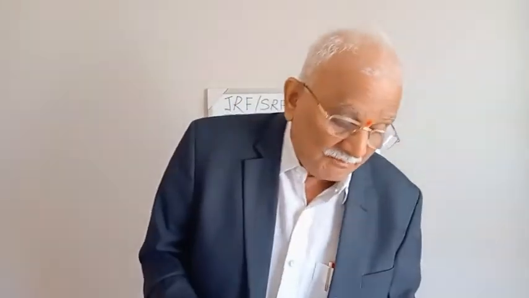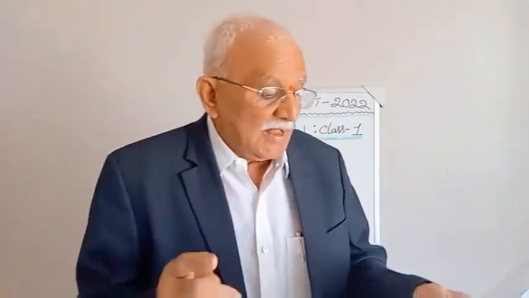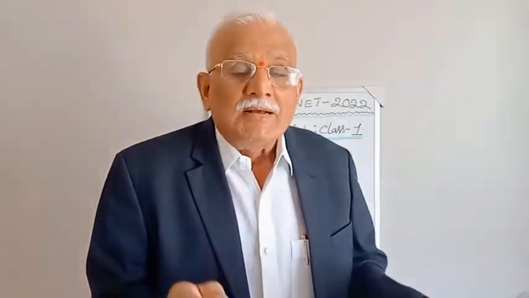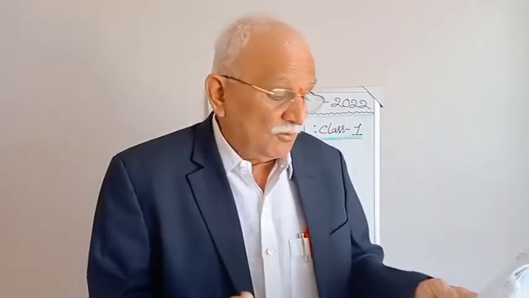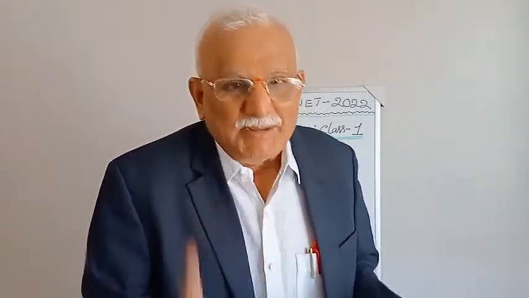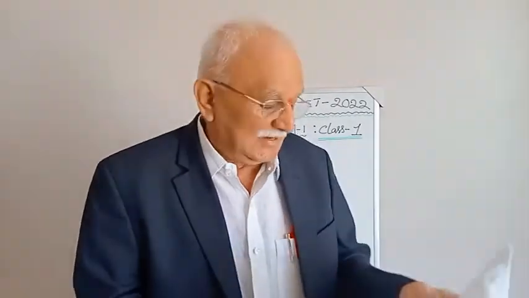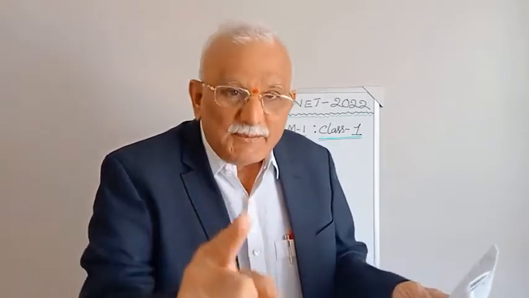The last bit of today's class, a very interesting bit. Agroforestry is a form of multiple cropping which satisfies at least 3 basic conditions. What are those 3 basic conditions? There should be some woody perennial.